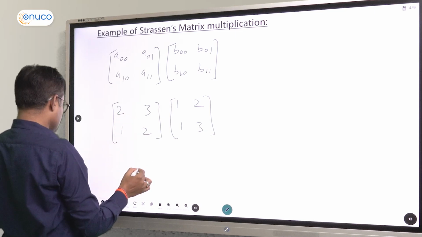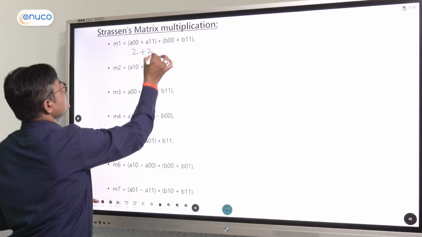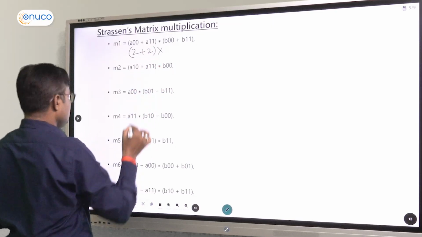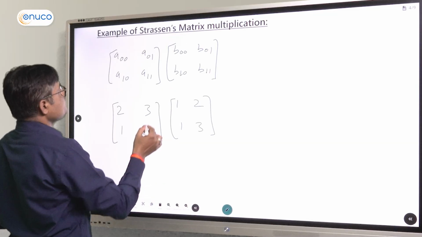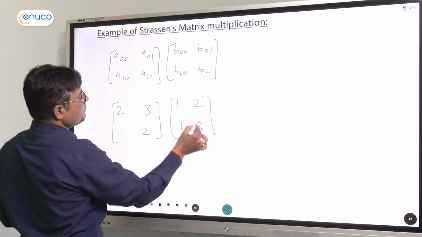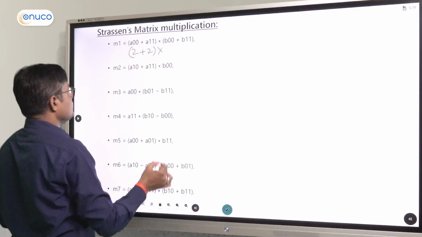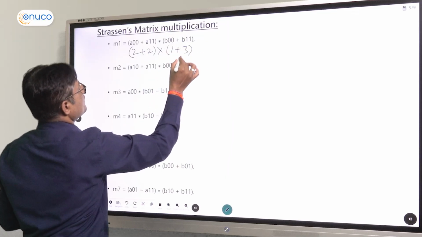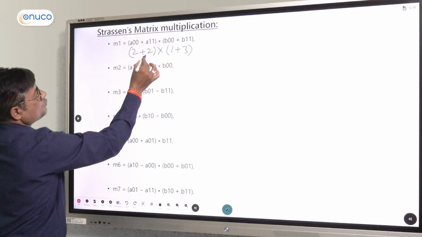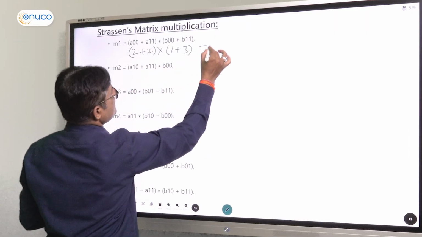So it is 2 plus 2, multiplied by B00 plus B11. What are the values? 1 and 3. If we perform the task, 2 plus 2 is 4, 1 plus 3 is 4, 4 times 4 is 16.